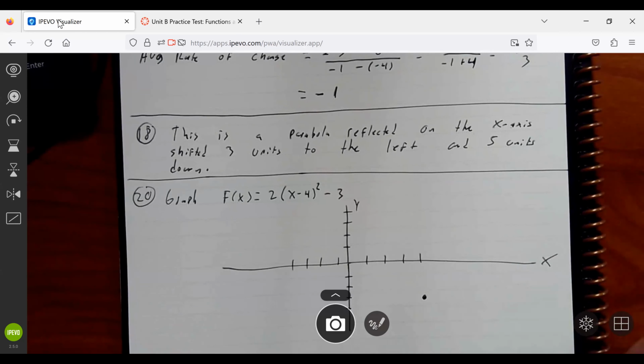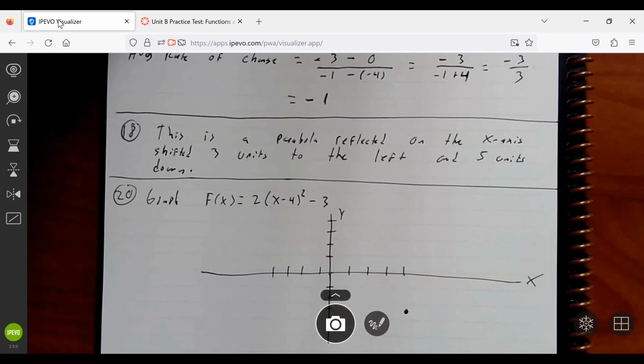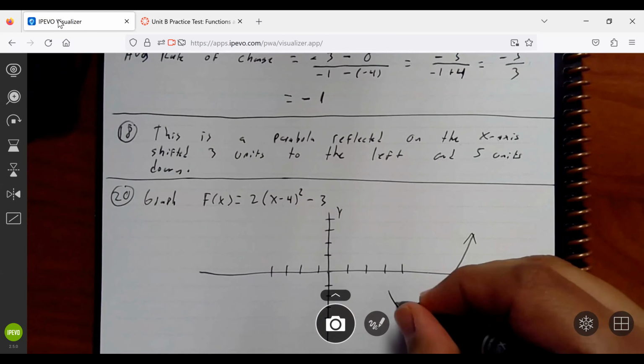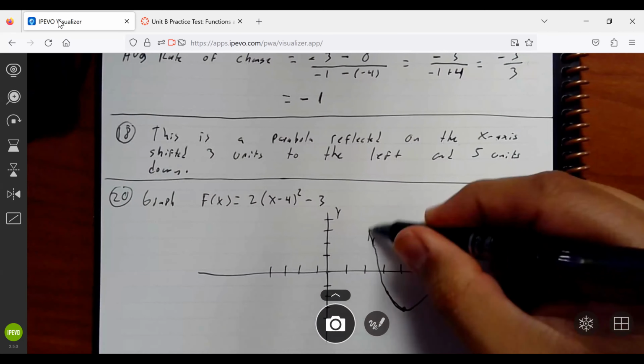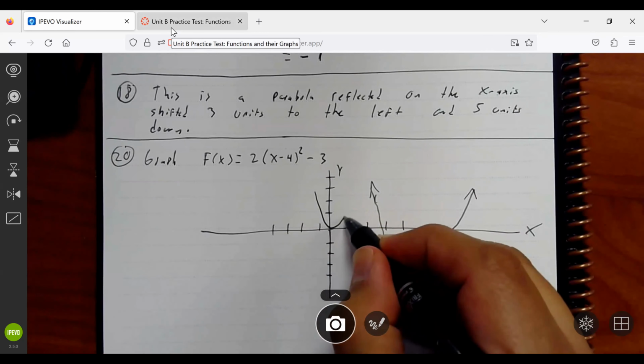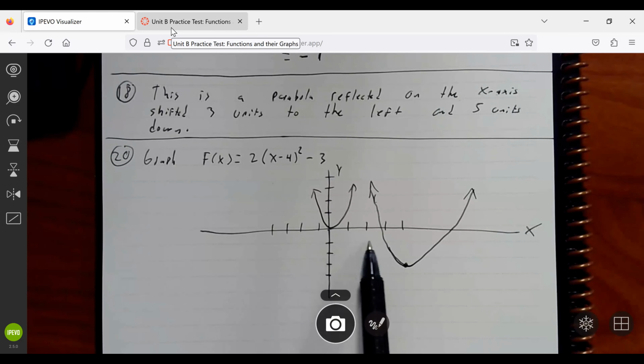If we compare it to the original, it'd be here. So it'd be a shift to the right, shift to the bottom. Basically just some parabola. That's good enough. If you imagine the original being right here, so the -4 moves it to the right 4, -3 moves it down 3.